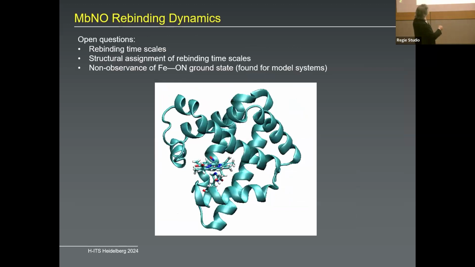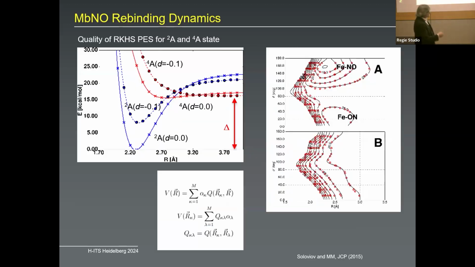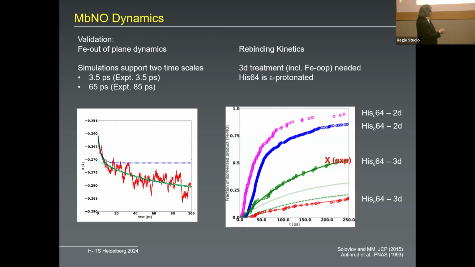So this is this histidine coming from top. It's not drawn here, we will see it later on, but this is histidine 64, which is known to be in an epsilon protonation state. And what we see is that the fraction of rebound NO molecules as a function of time increases, of course. And this cross here is an experimentally determined fraction, which agrees rather nicely with the simulations.